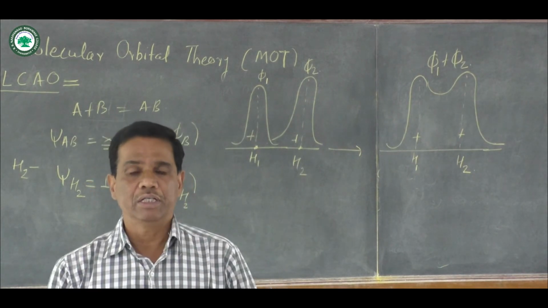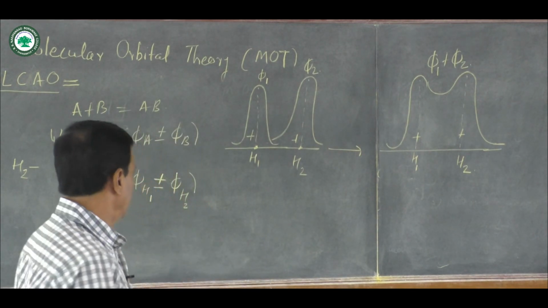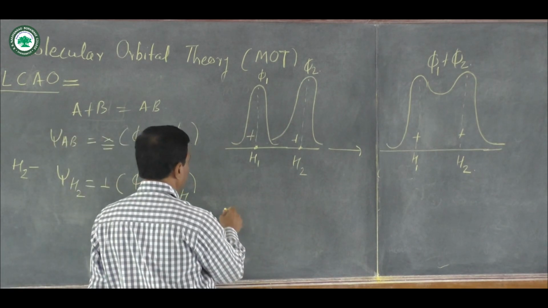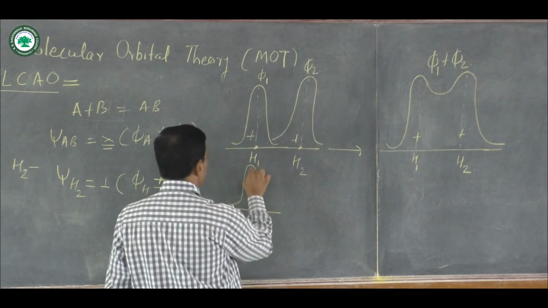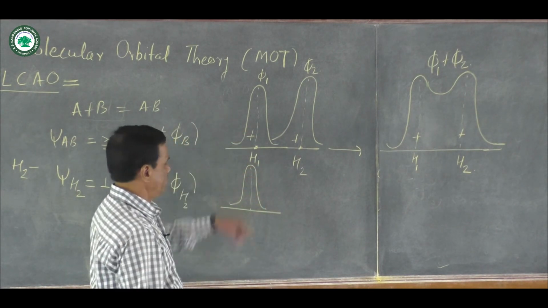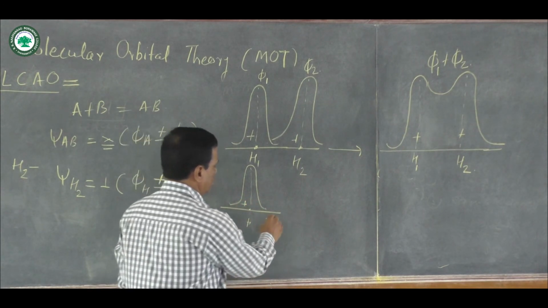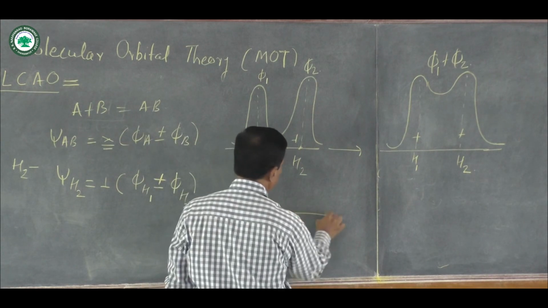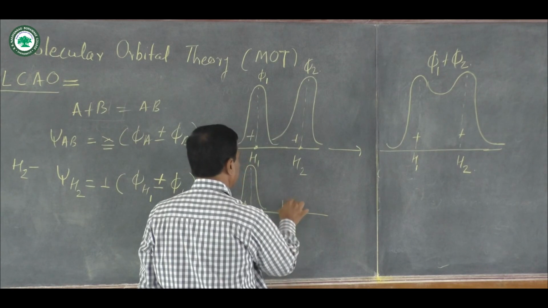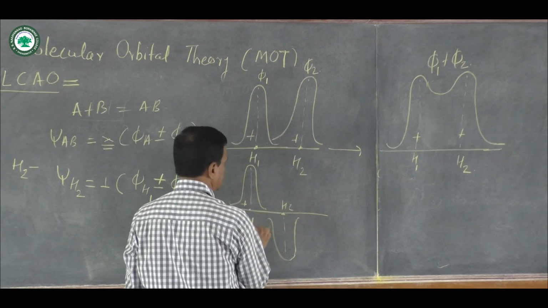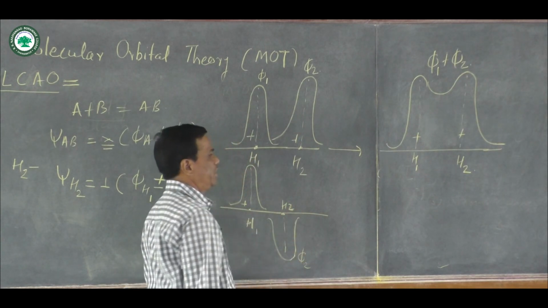That graph indicates the probability of finding the electron when there is a combination. But when there is a subtraction, meaning minus, this is the wave function phi 1 for the first hydrogen, then a plus, then for the second hydrogen, H2, phi 2.